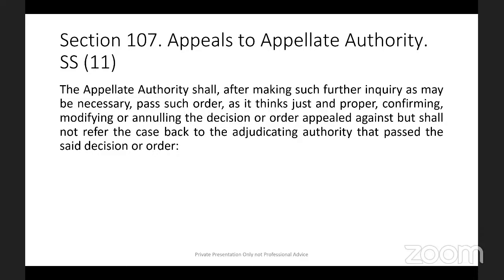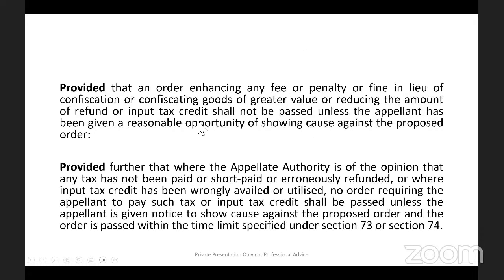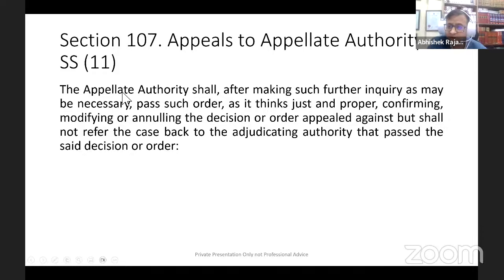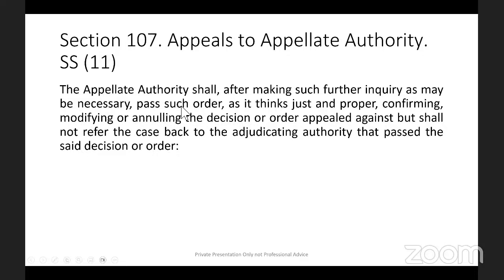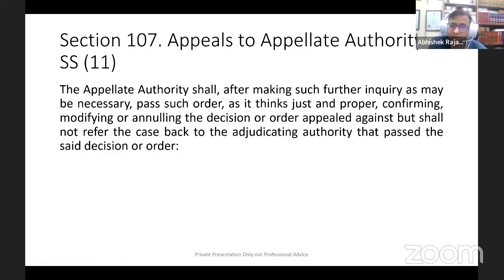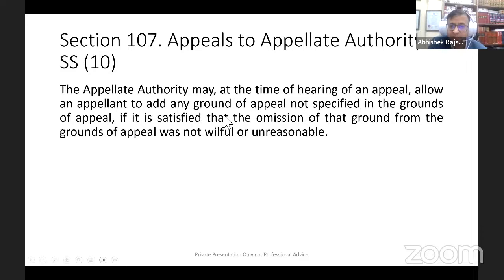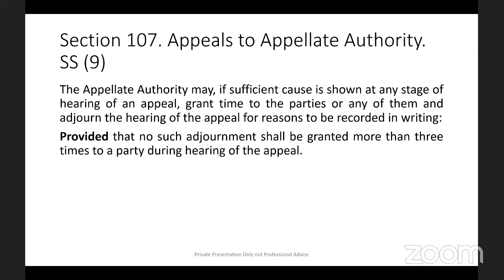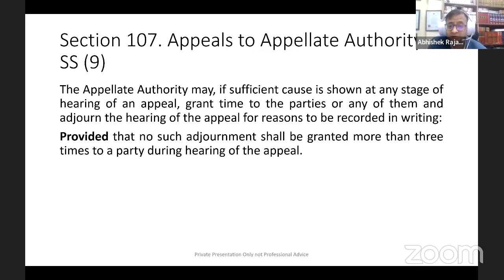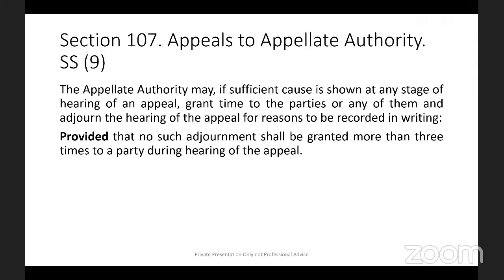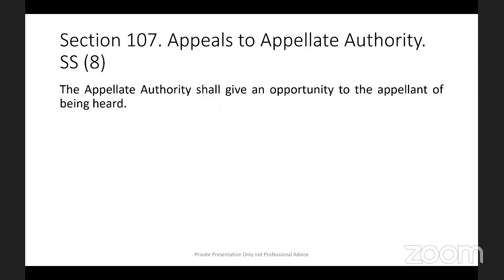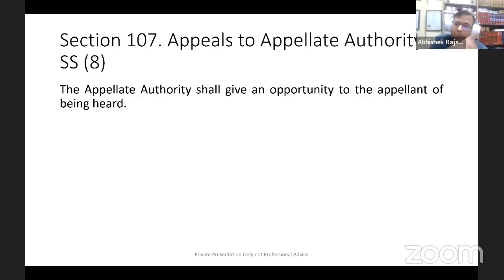Excuse me, Abhishek ji, sorry for interrupting you. But your screen seems to be stuck, it's still showing Section 107. Madam, isn't subsection 11 running? Yes, subsection 11 is running. So Section 107 has been there from the start. When we were here, we were discussing additional grounds, and when we were here, we were discussing hearings, reasons to record, adjournment.